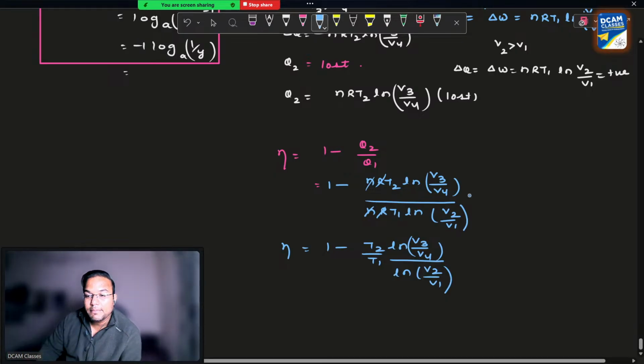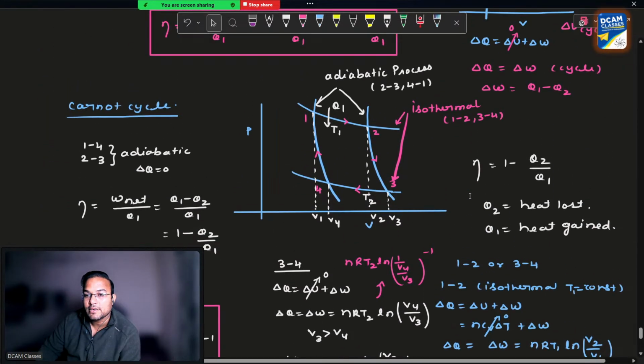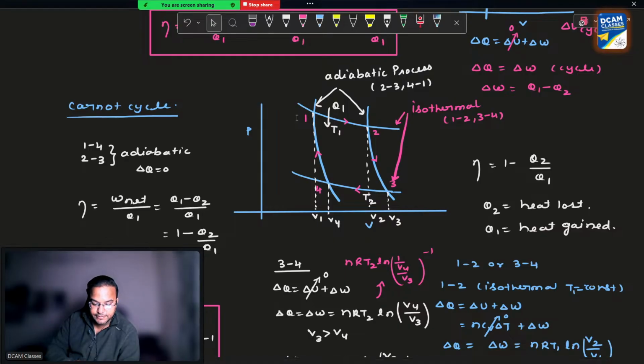Now compare this one. See, the process 2 to 3 and 1 to 4, they are adiabatic processes. Yes. Now in the adiabatic process, we know what's the relation between T and V: TV power gamma minus 1 is equal to constant.